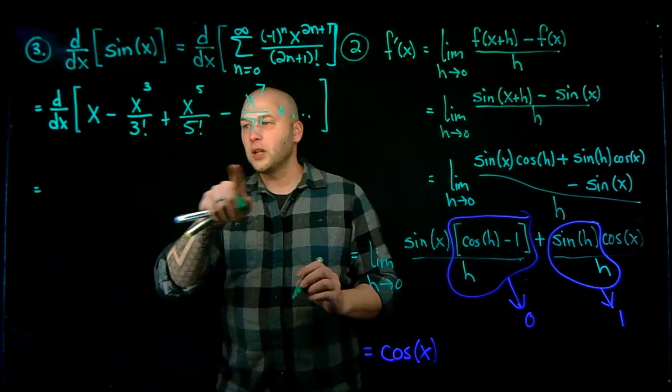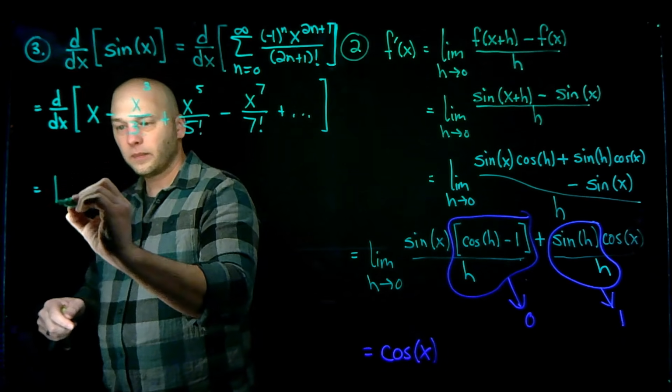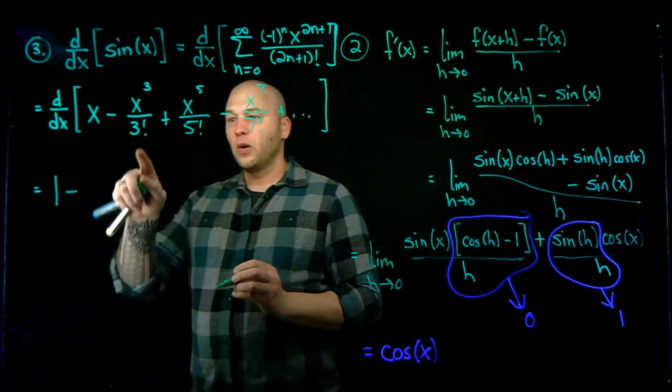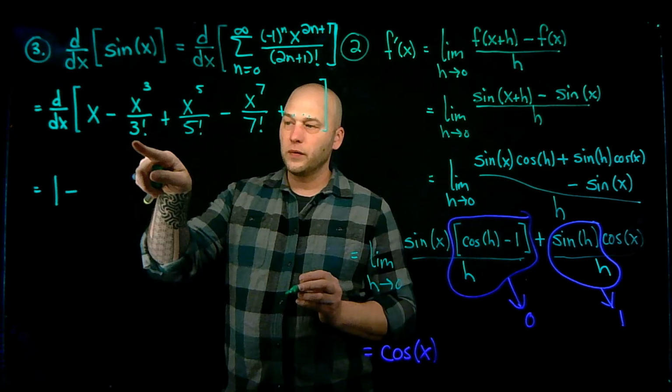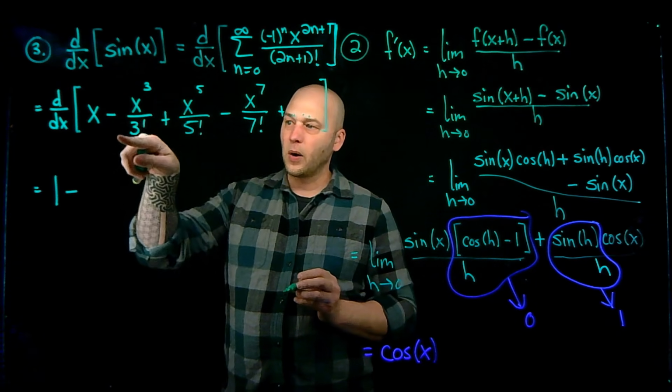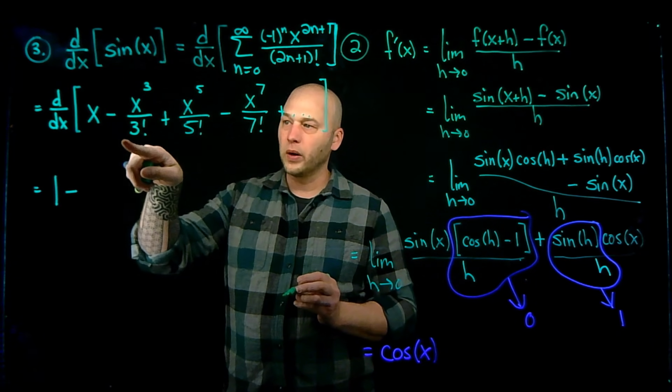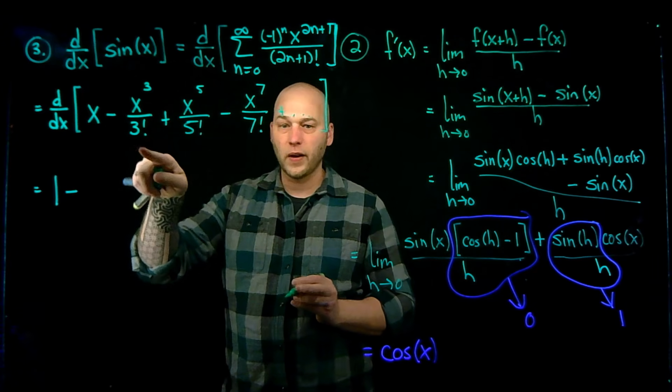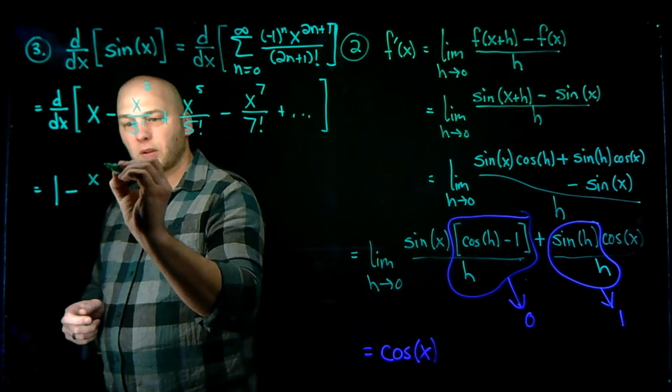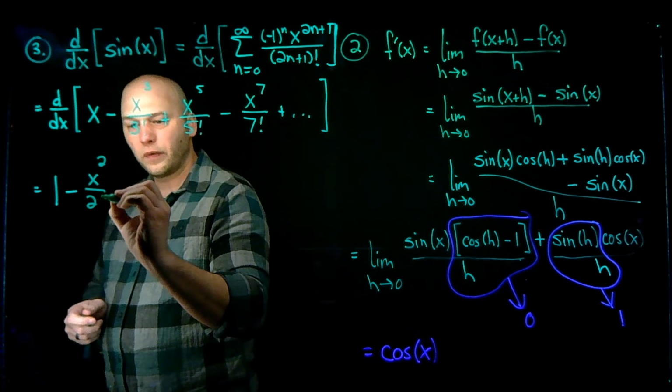If I differentiate this, I'm going to get 1 minus, so the power rule applied to this second term here, of course, the 3 comes down, but then 3 over 3 factorial, the 3's cancel, leaving a 2 factorial, which makes this an x squared over 2 factorial.